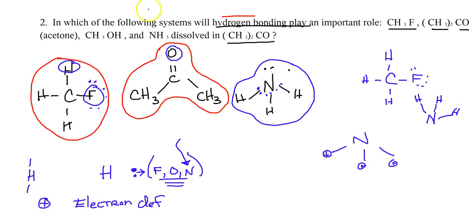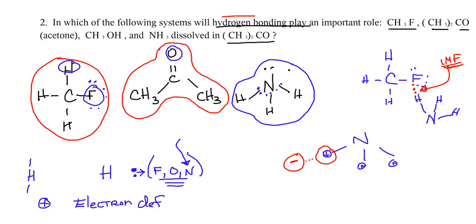This very electronegative atom is attracted to this proton, and there is your H bond. It's not a bond, it's an intermolecular force of attraction that's very strong between an almost free proton and a very electronegative atom, which is itself pretty negative, and that makes a very strong attractive force.